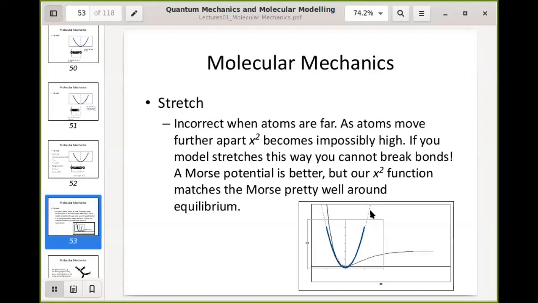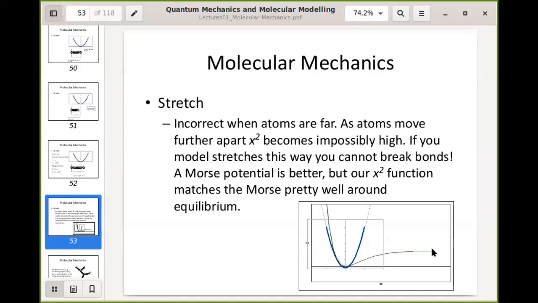And so our function is telling us that the further apart those atoms are, the higher the energy, and the higher the energy, the more it's going to want to go back towards equilibrium. So what this function does is it prevents us from breaking bonds. In reality, we don't have such a steep increase in energy as you move atoms apart. The increase is much more gradual, and eventually, if you move atoms further apart, you will be able to break them.